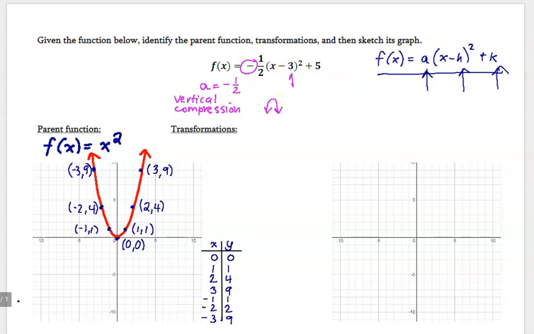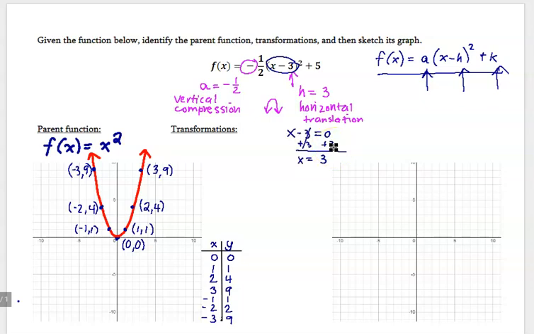Our h is going to be equal to 3. And this is going to be our horizontal translation. If you want to check, you can equate this to 0 and solve for x.